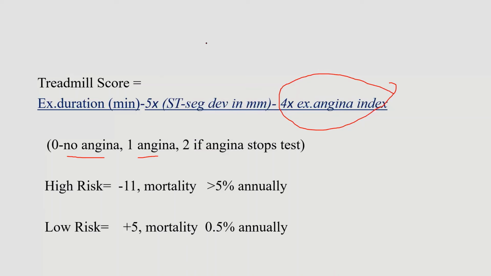Okay. So if a patient exercised, let's say for 10 minutes, and he had 2 millimeter ST segment depression, that will be 10 here. And he had exercise limiting angina, so that will be 8 here. So it will be 10 minus 10 minus 8.